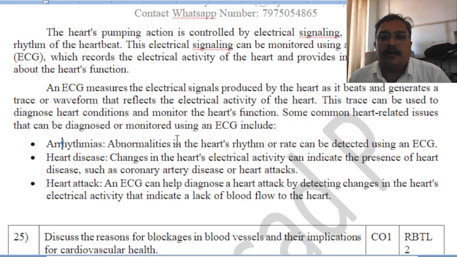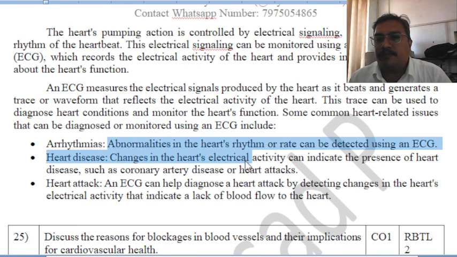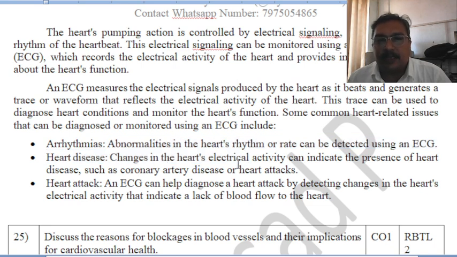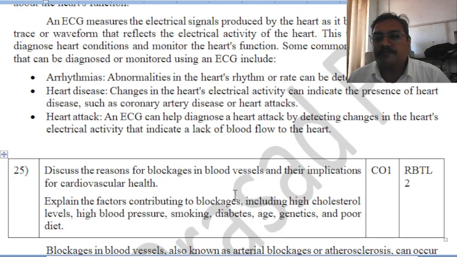Abnormalities in heart rhythm can be found out. Changes in heart signal activity can be indicated. A possible heart attack can also be identified by using this.